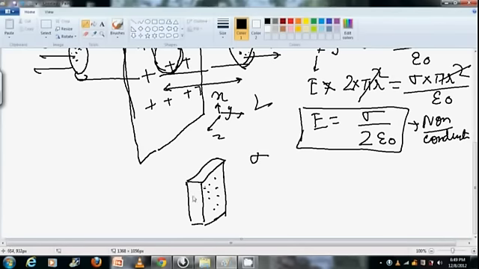Inside the conductor, we will discuss this in more detail in a concept class, for which I will have a separate video, but one of the concepts is that inside a metal there can be no electric field. It is easy to guess why: in metal, electrons can flow very easily.